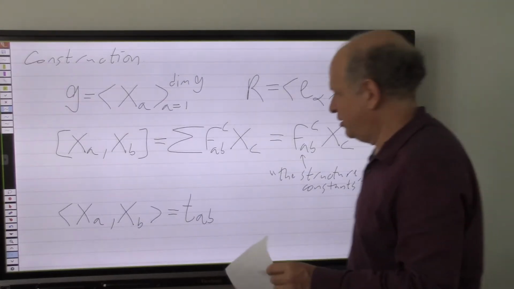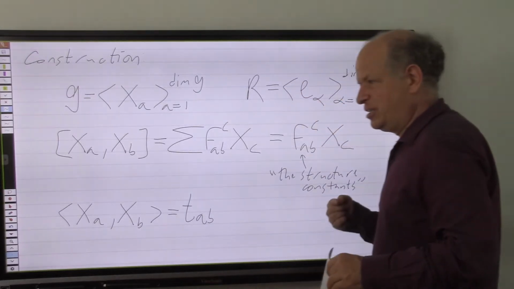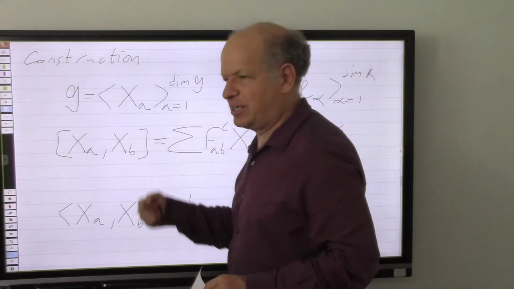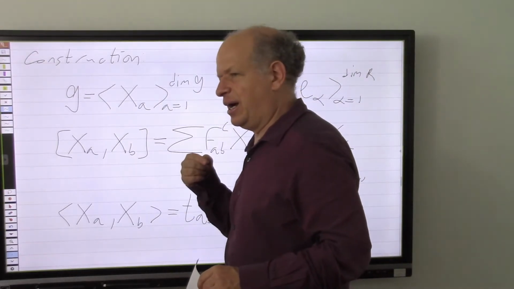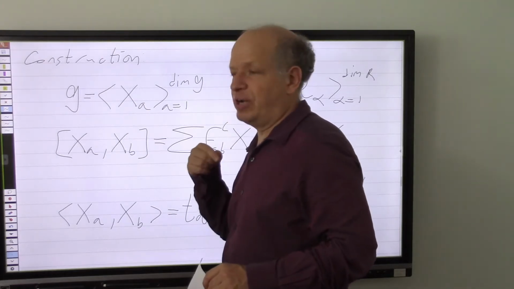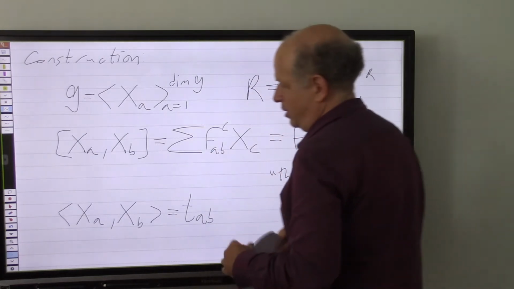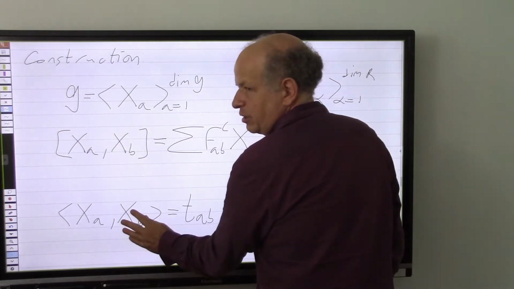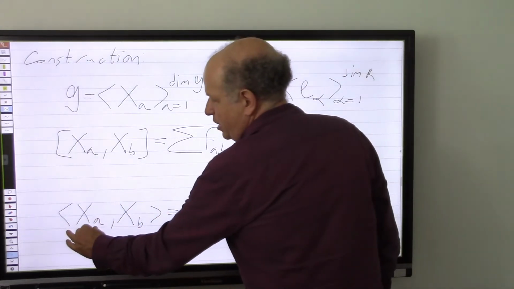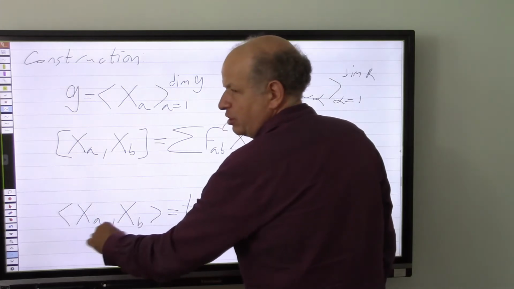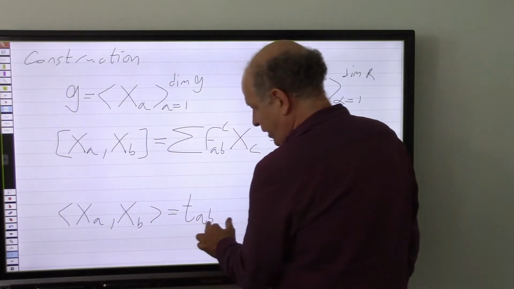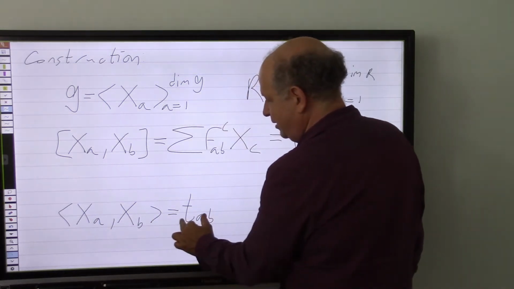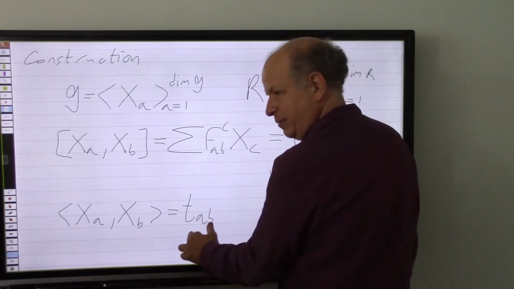And in fact, the assumption that the metric is non-degenerate basically means that whatever you put here, there is something here that will make the inner product non-zero. And if you think about it, it amounts to saying that this matrix has no kernel.